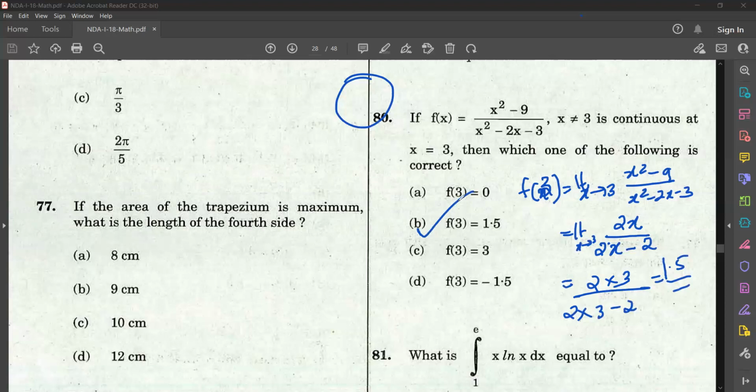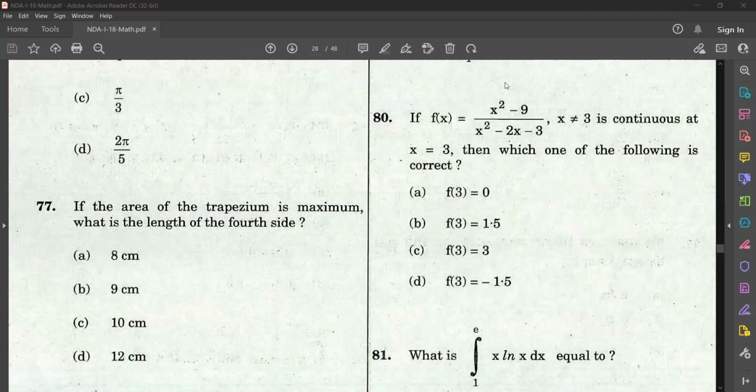Okay. So moving to the next question. Question number 81.